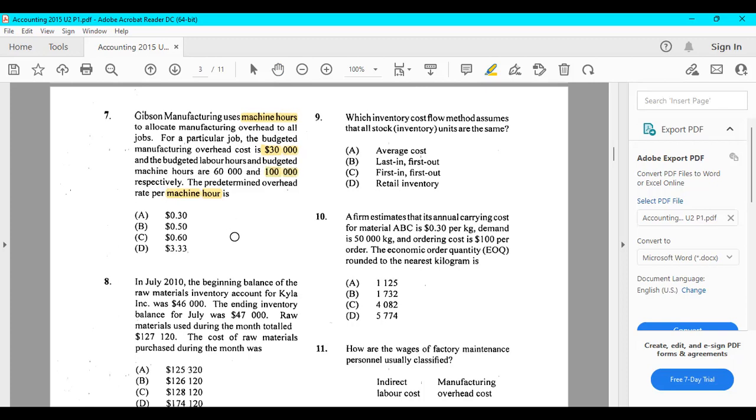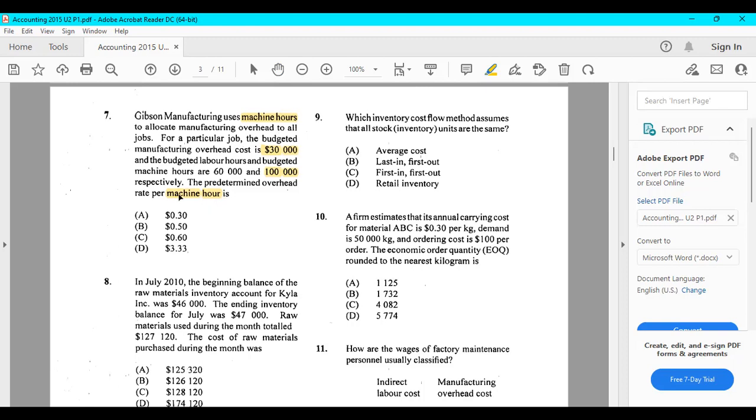We need to find the predetermined overhead rate. What's the formula for your predetermined overhead rate? Guys, you need to know this. It's your estimated or budgeted total overhead divided by your estimated or budgeted activity base or activity level.